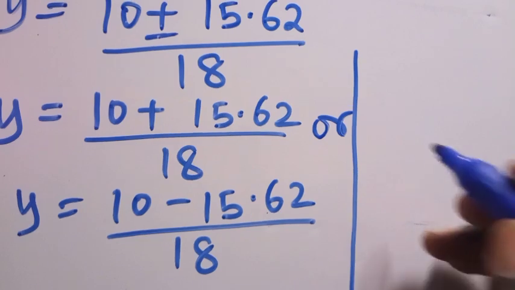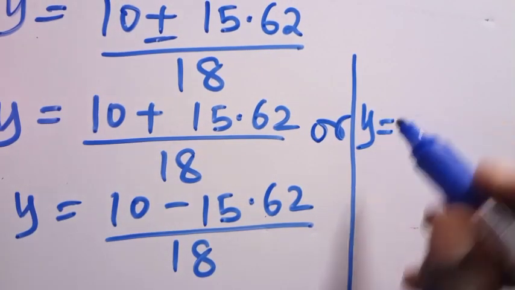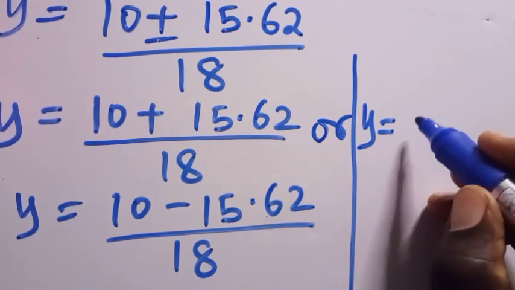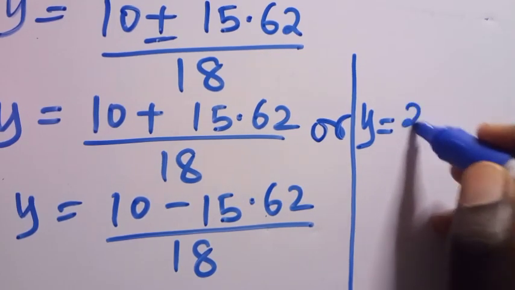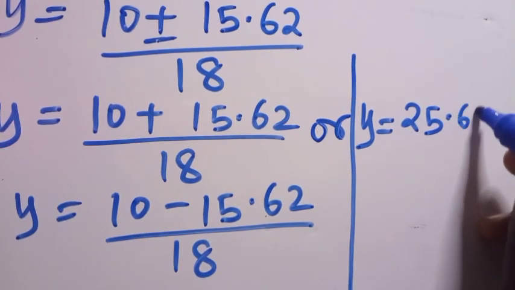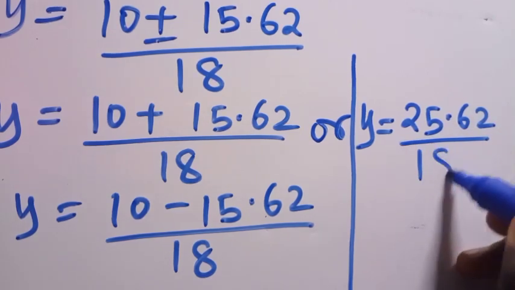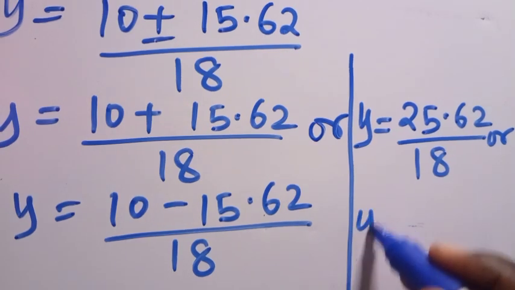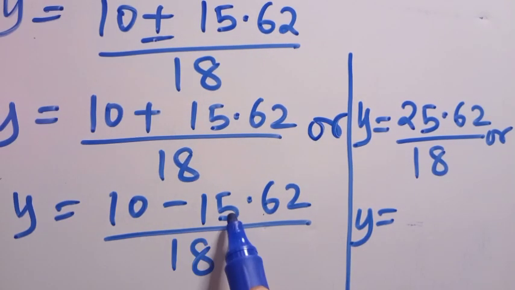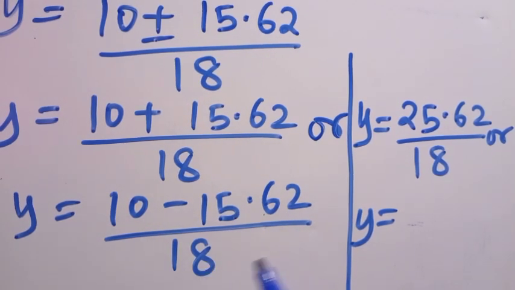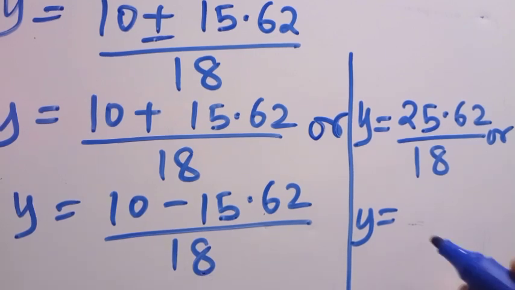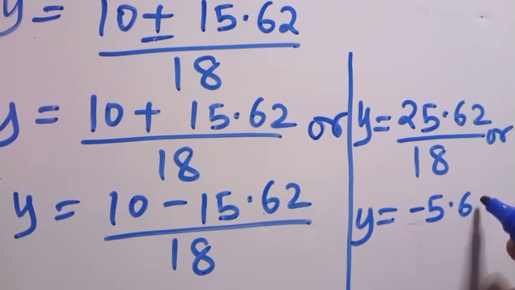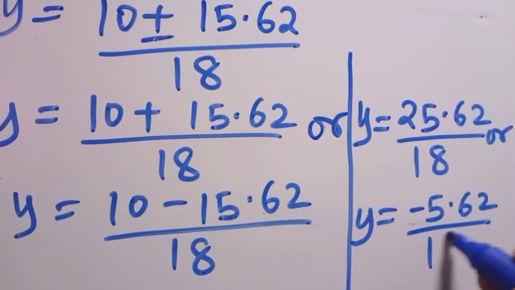At that point, we shall have y as 10 plus 15.62 is 25.62, that is 25.62 all over 18, or y equals 10 minus 15.62 divided by 18, then we shall have negative 5.62 divided by 18.